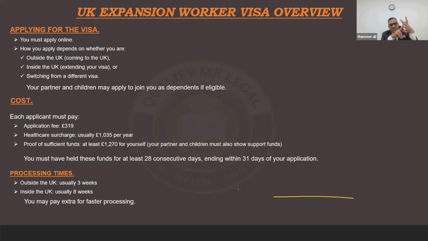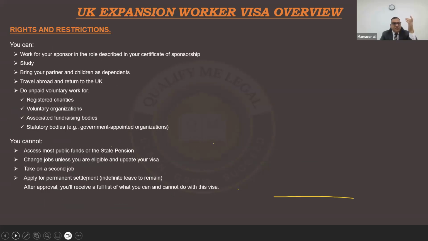And then proof of sufficient funds, at least £1,270 for yourself. And you must have these funds for at least 21 consecutive days in your account in order to demonstrate proof of funds.